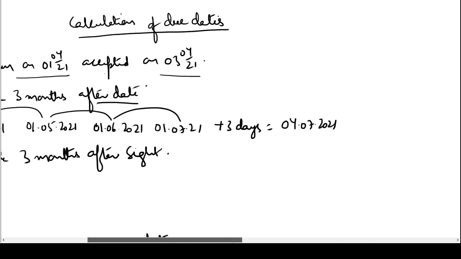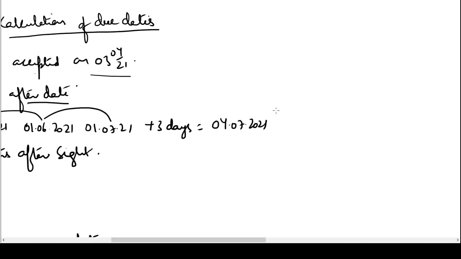Now a question comes, if 4th July is a Sunday, then in such case this is a public holiday as per the Negotiable Instruments Act. Sunday is a holiday.